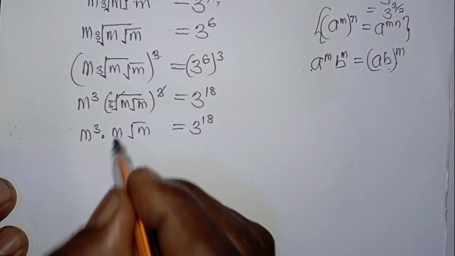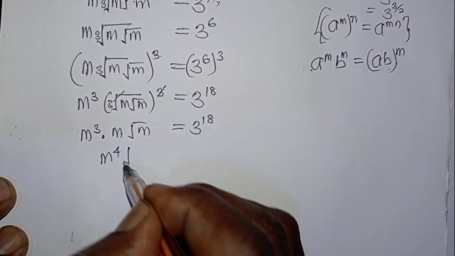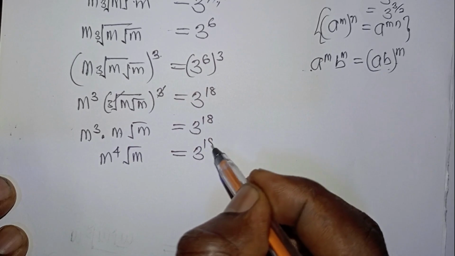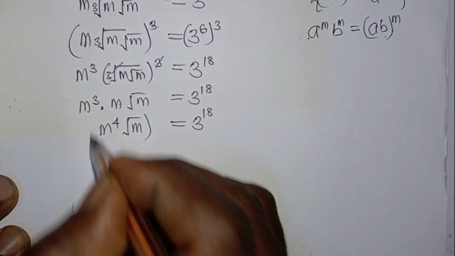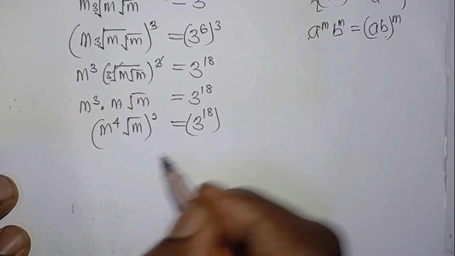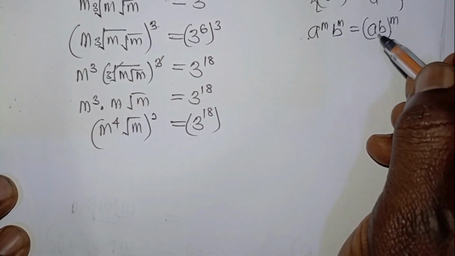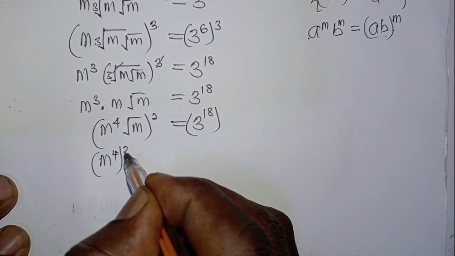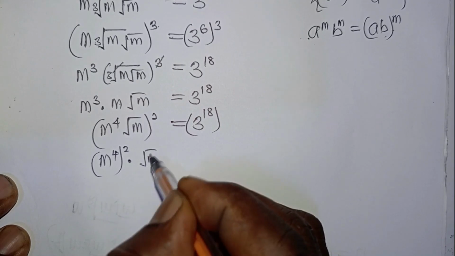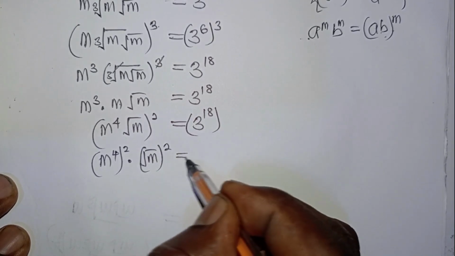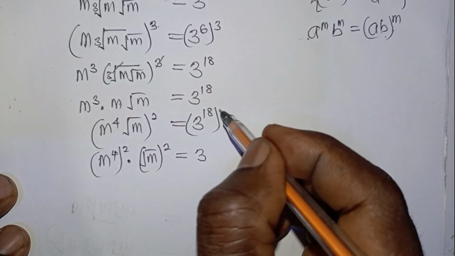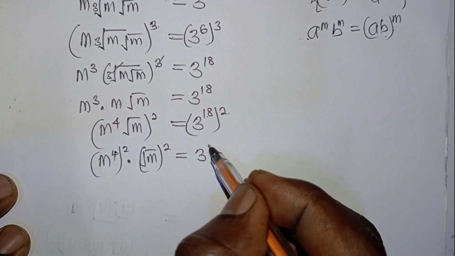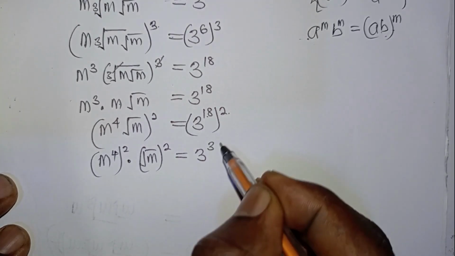So here m times m will give us m to the power 4, and we have m times the square root of m equals 3 to the power 18. So we square both sides. We square here and square here. Applying this rule again, this will give us m to the power 4, squared, multiplied by the square root of m squared, equals 3 to the power 18, we're squaring here, so squared here, that will give us 3 to the power 36.